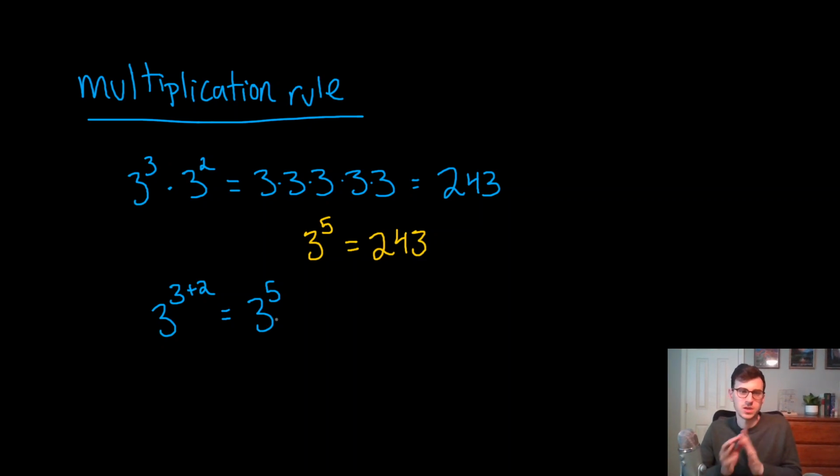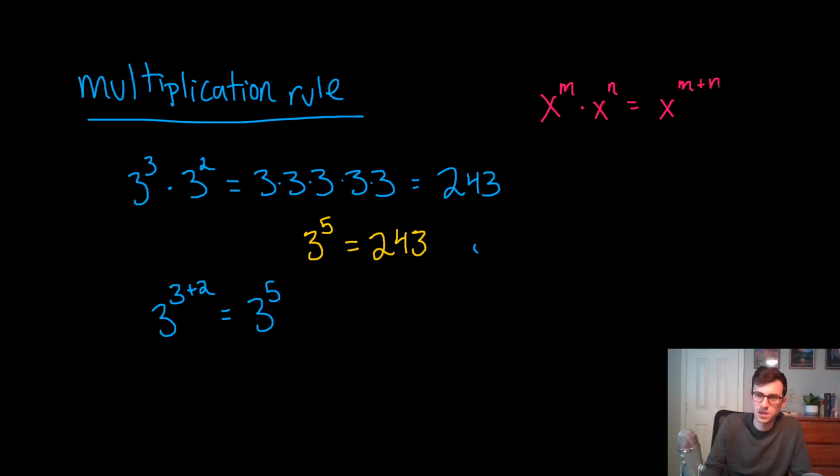So I add 3 and 2. So the rule then is, the multiplication rule is, if I have x to some number m, times x to another number n, that's equal to x to the m plus n.